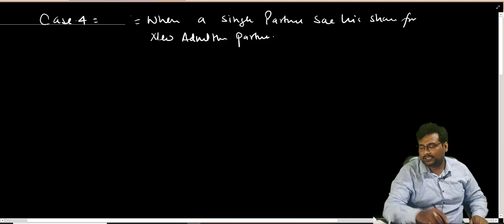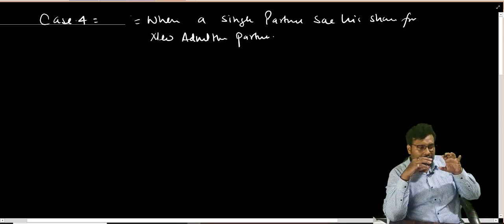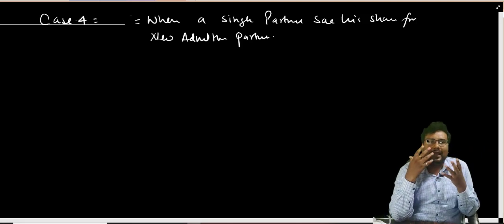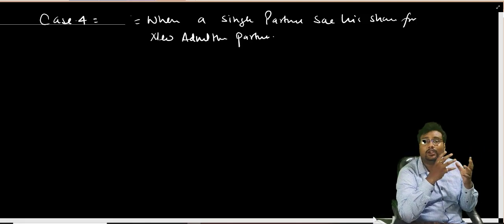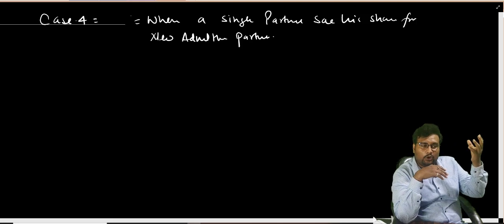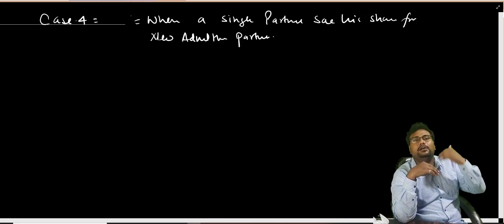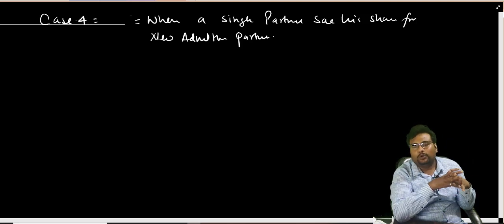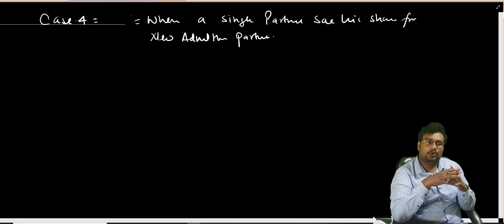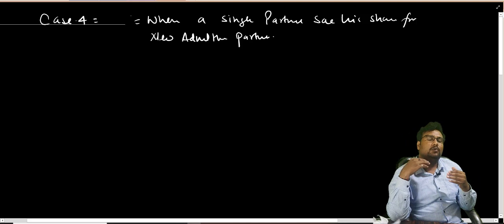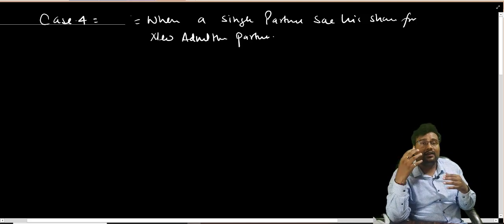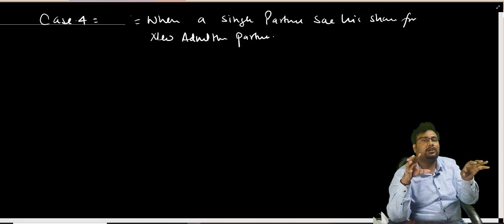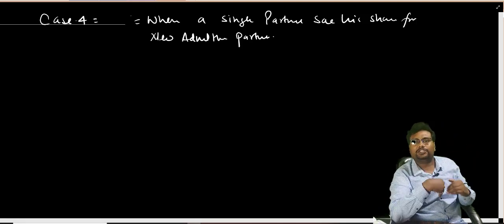Understand this. Suppose A, B, C, 3 partners are there and they want to admit D as a new partner. But what happened? Only A is giving his share to D for admitting D as a new partner. So whatever share D will get, that whole share we will deduct from the particular partner who is sacrificing his share for the new partner.